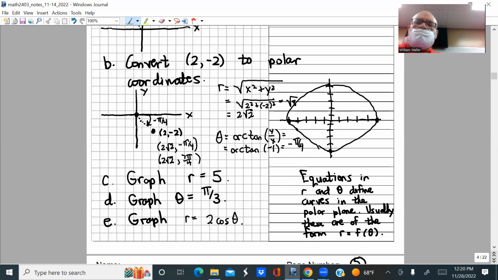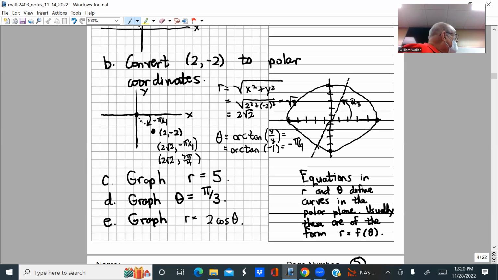It's a line, right? Okay. Just mark off pi over 3. Pi over 3 is about up here, right? So you basically get all points on this line extending also down into the third quadrant, by the way. All of these points, you can write them where their theta value is pi over 3.